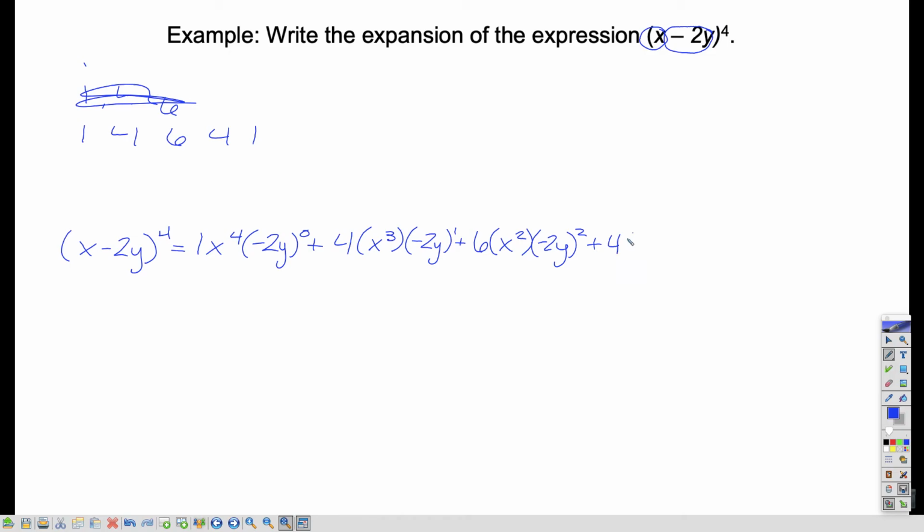Plus 4x to the first, negative 2y to the third, plus 1x to the 0, negative 2y to the fourth. 1, 4, 6, 4, 1. 4, 3, 2, 1, 0, 0, 1, 2, 3, 4.